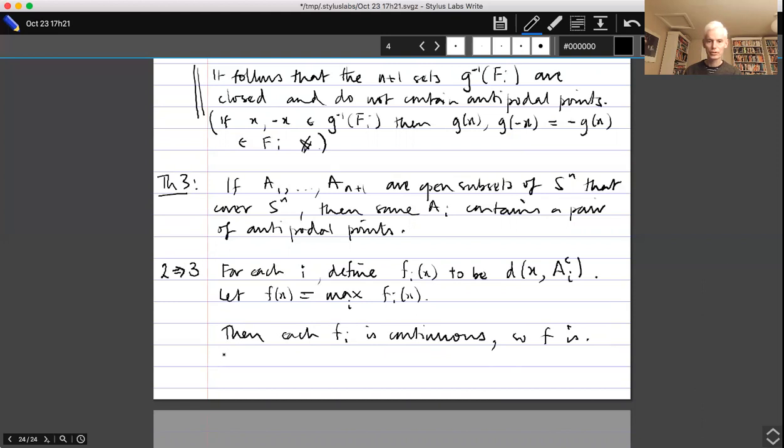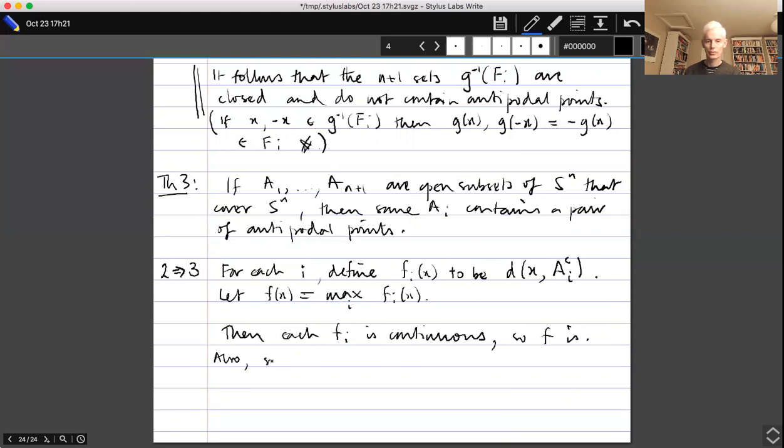What else? So we also have that since the A_i cover Sn and are open, for every x there exists i such that x belongs to A_i.